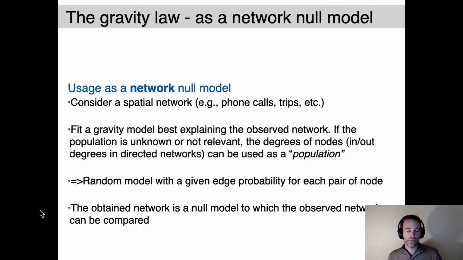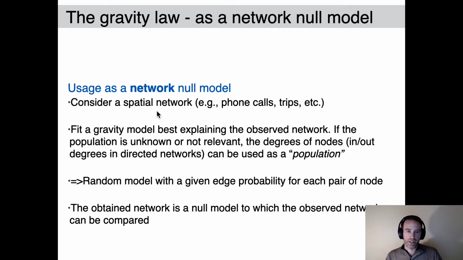So now we have defined the general mechanism of the model, that the probability of observing an edge depends on the populations or degree of nodes, and it also depends on this deterrence function. So let's see how we can use this to define the network null model. And that's actually what we are really interested in in this class.